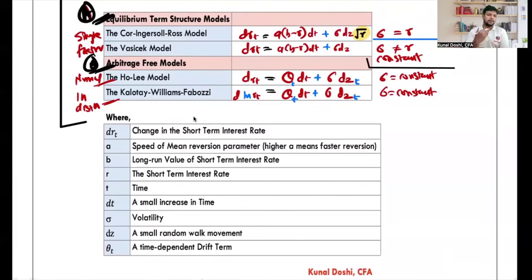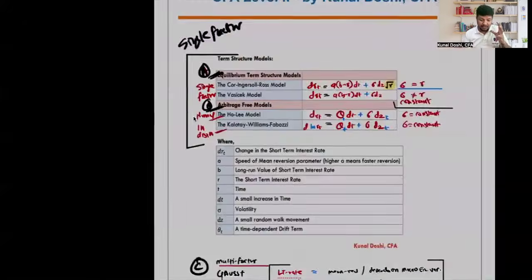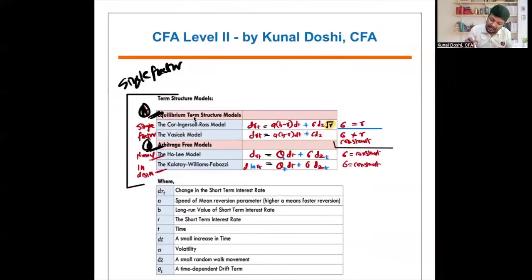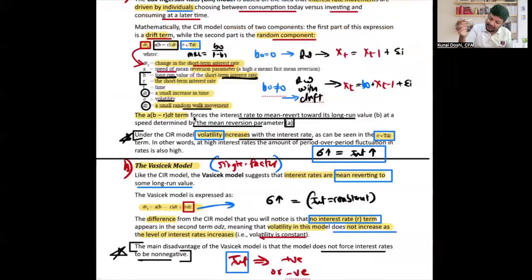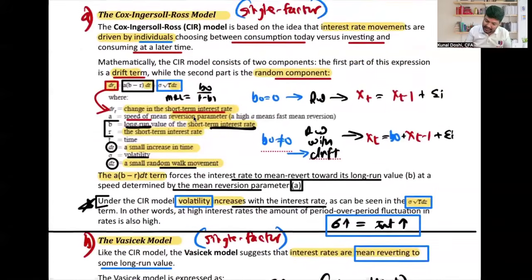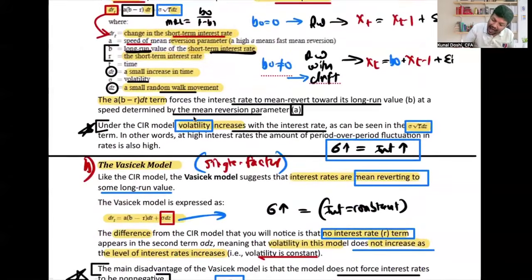Why is that so? Because the Cox-Ingersoll-Ross model says that volatility is related to the interest rate, which is different in the Vasicek model. What is that? Let us understand. Here, the volatility and interest rate go hand in hand, meaning under this model, volatility increases with the interest rates.